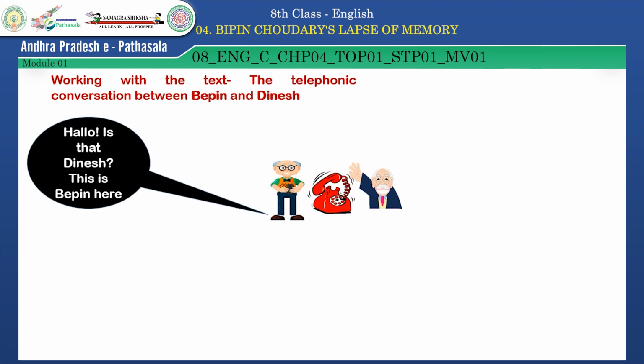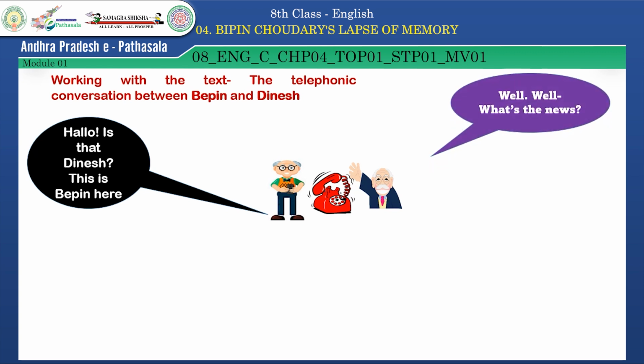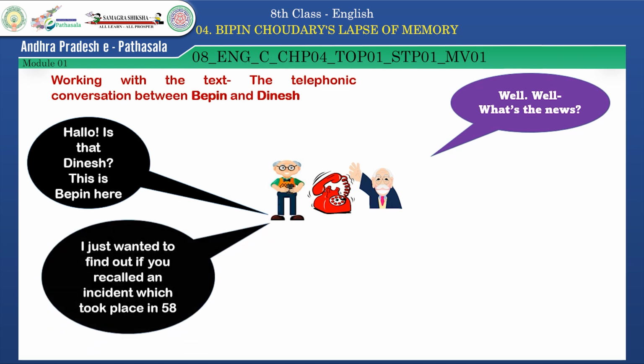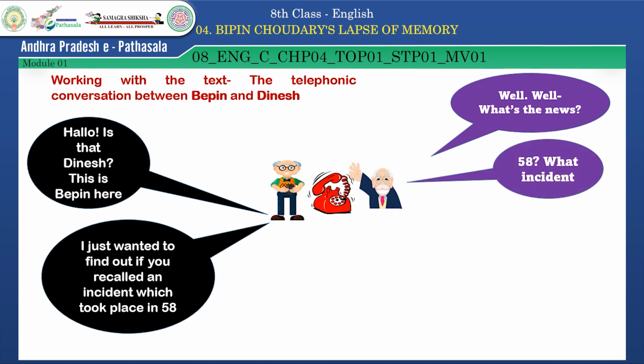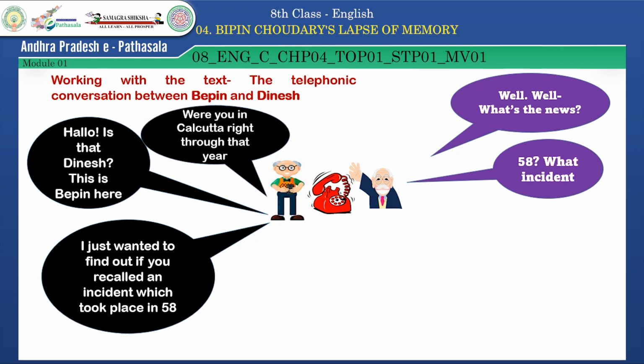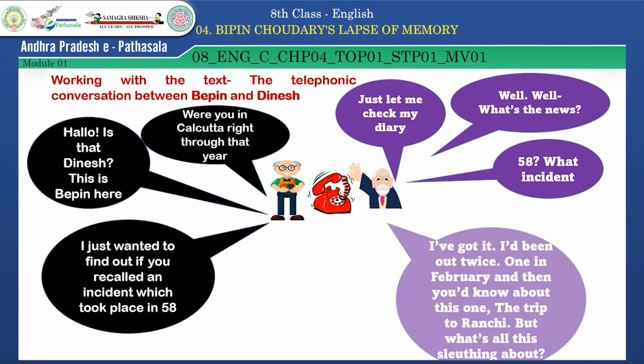Hello, is that Dinesh? This is Bipin here. Well, what's the news? I just want to find out if you recalled an incident which took place in 58. 58? What incident? Were you in Calcutta right through that year? Just let me check my diary.